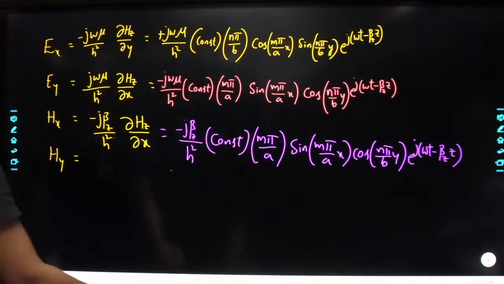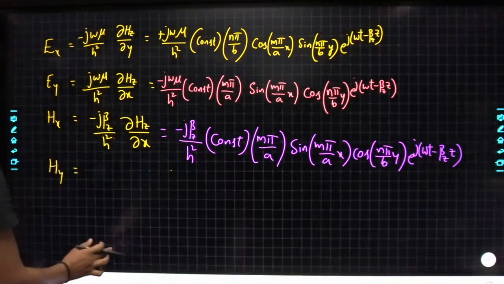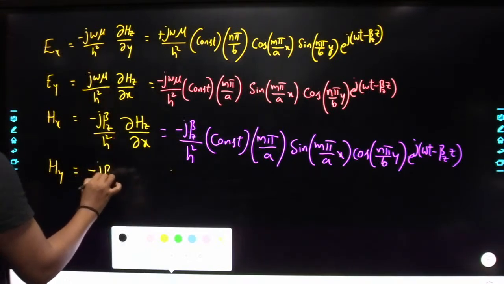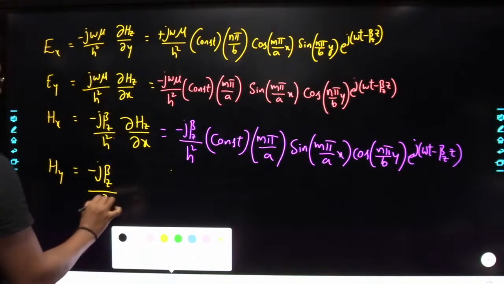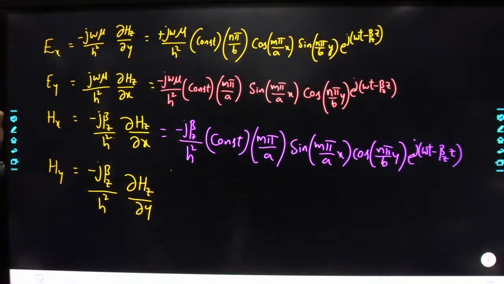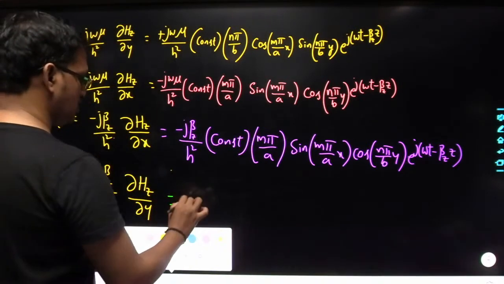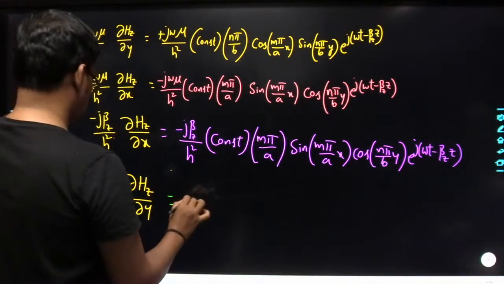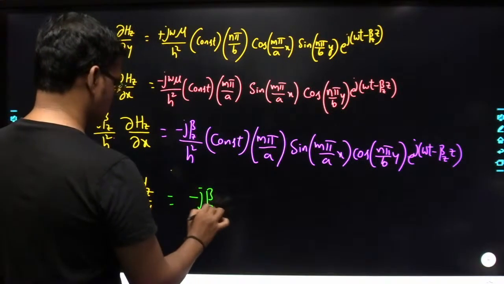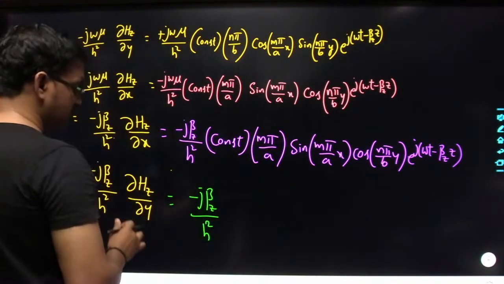Next, similarly you can write for Hy. Hy is equivalent to minus j beta z by h square into dou Hz by dou y. So differentiate Hz with respect to y.